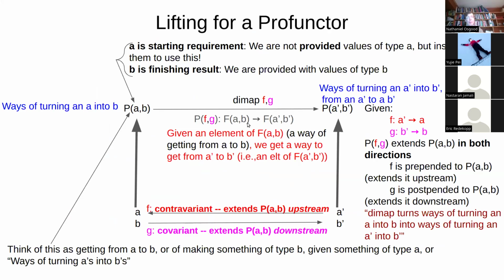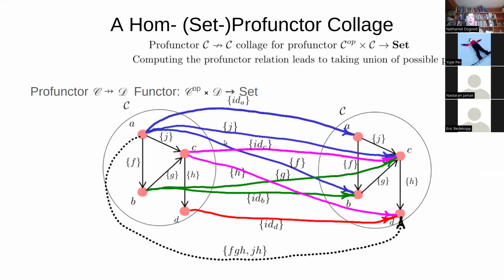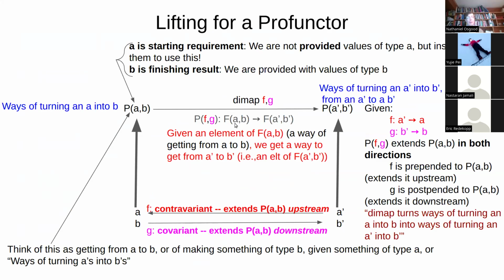If we had something from A to B and we had an F that was from A prime to A, from an upstream thing to A, we could get something from F(A, B) to F(A prime, B). Or if we had something for G, something downstream of that latter one, we could post-compose it with this arrow in D here, which just happens to be category C, to get something from B to D. So if we have something from A to B, and we have something that goes B to B prime, then we can get something from A to B prime.